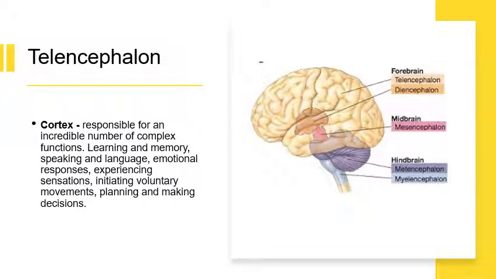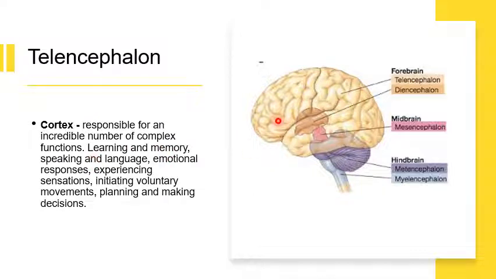The fifth division is the cortex. So this part, or the cerebrum, is another name. It's responsible for an incredible number of complex functions. So in other words, the cortex makes us human, because it involves learning, memory.